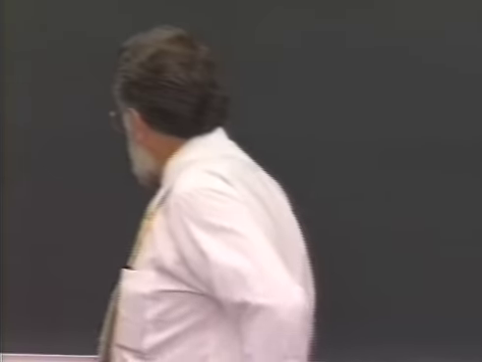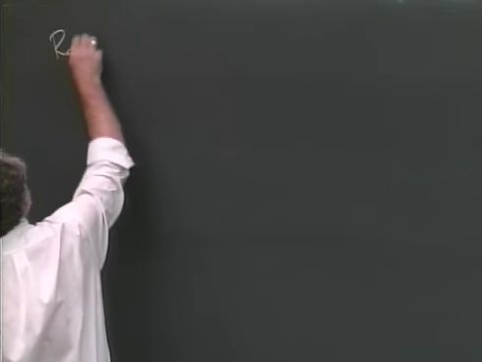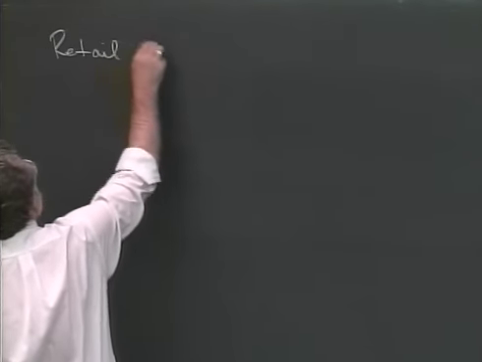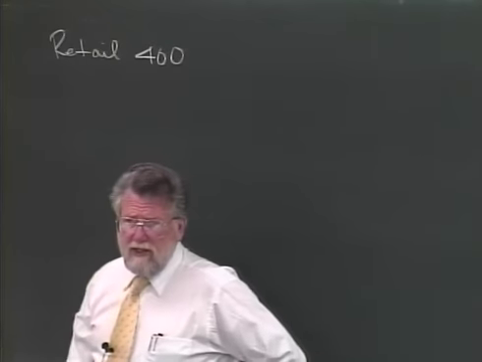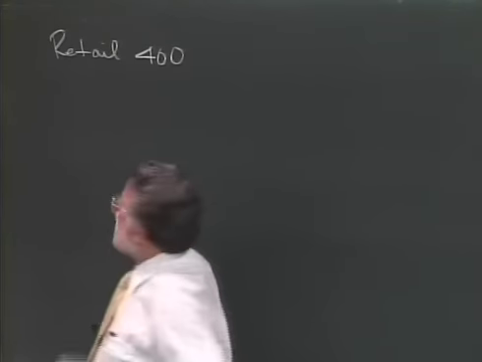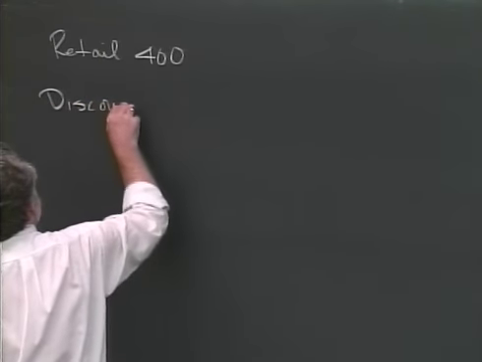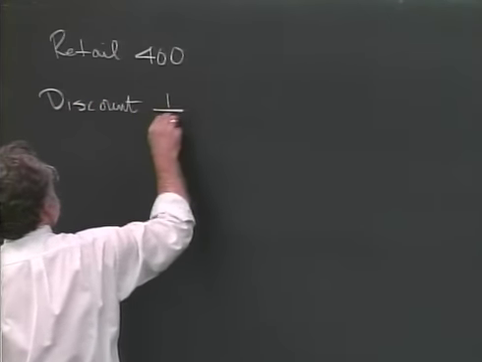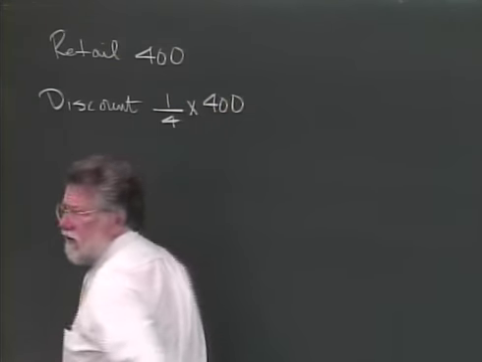But the argument is, as I go to the board, that my retail price was roughly $400. Because the discount was 25%, I took the discount and did this. Now my argument is you can do this in your head to get roughly what the answer should be.